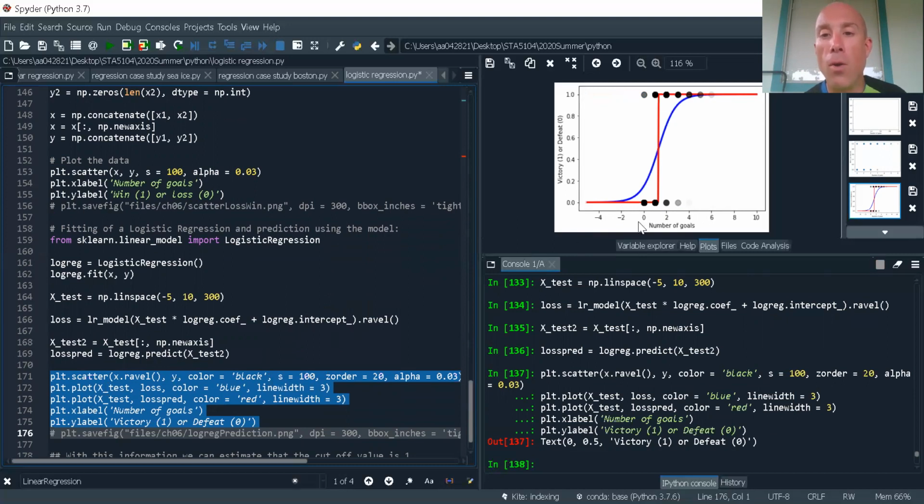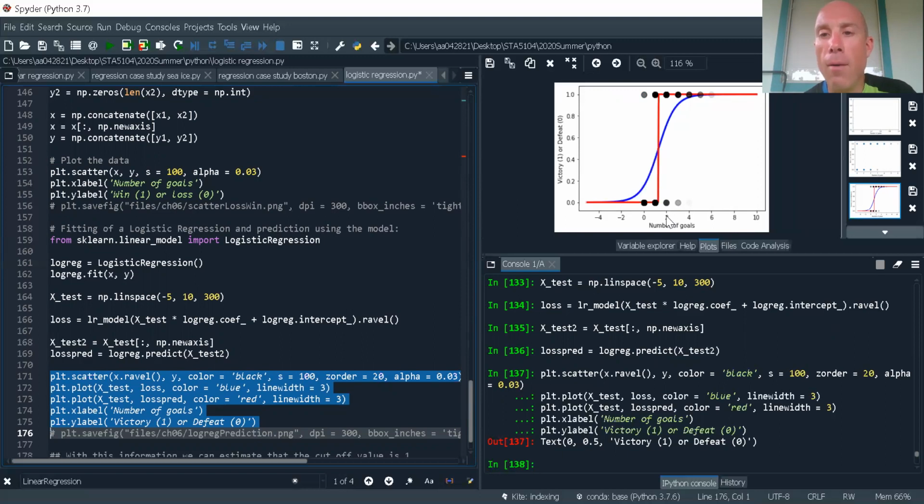This says that if a team scores 0 points, they have about a 10% chance of winning, which would correspond to a draw. When they score 1 point, they've got a little less than 50% chance, maybe about 0.4 likelihood of winning.